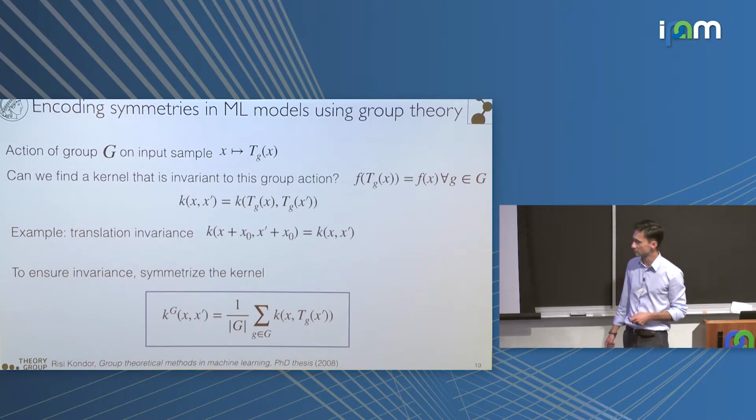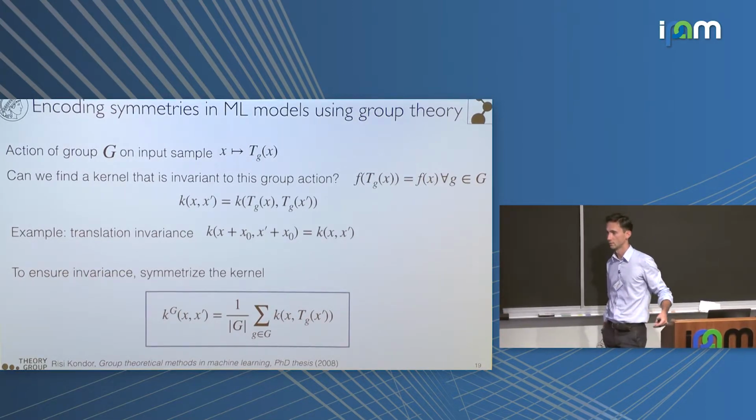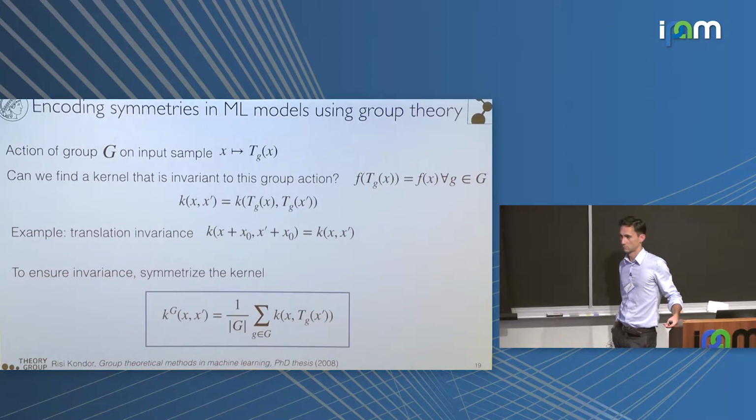I don't know if this has been used for translations, and you probably get into trouble then. You would divide by the integral, which is a problem unless the group is compact. Translation, I don't know. This mostly has come up for rotational invariance.